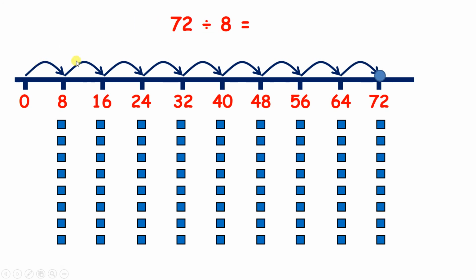So that's 1, 2, 3, 4, 5, 6, 7, 8, 9 jumps. So we've made 9 groups of 8. So 72 divided by 8 is 9.